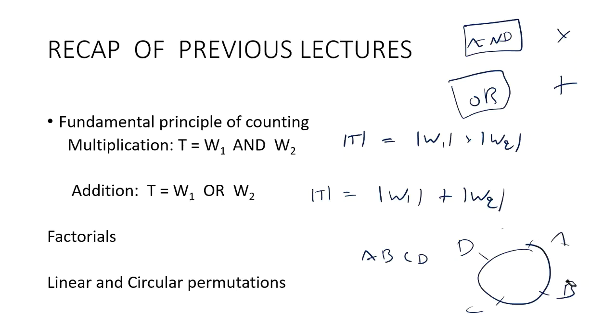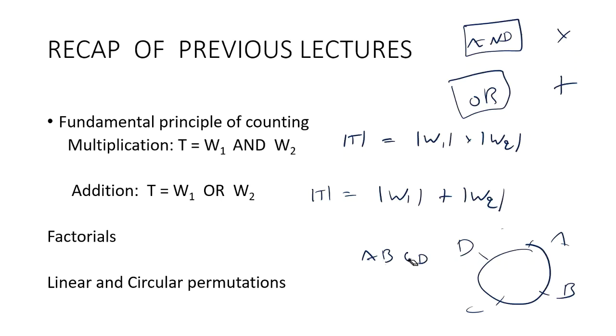In a circular permutation, we can define the position of an object with respect to another one. Here I can say that B is to the right of A, C is to the right of B, and D is to the left of A. Whereas in a linear permutation, I can just say that A is in the first position, D is in the last position, C is in the third position, and so on.